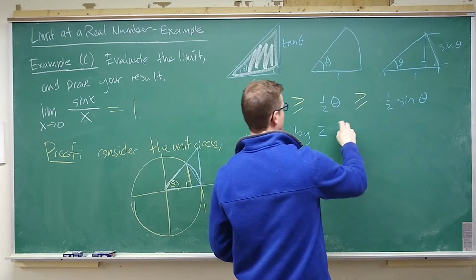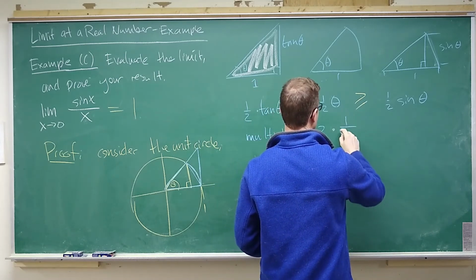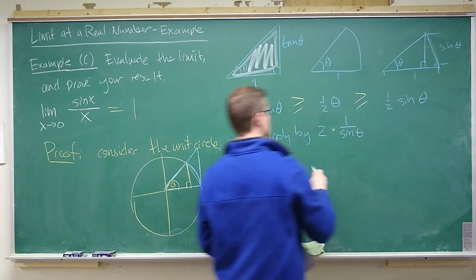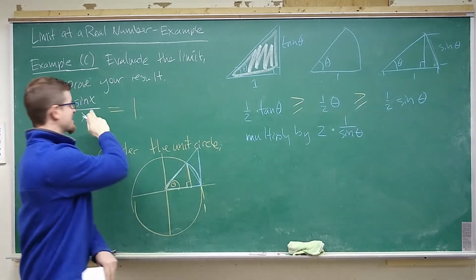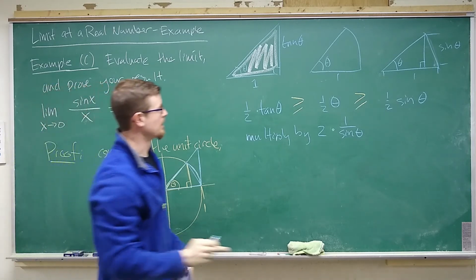And let's also divide by sine. So 2 times 1 over sine of theta, because there's a factor of sine here and a factor of sine here, and we want to get sine in the middle as well.